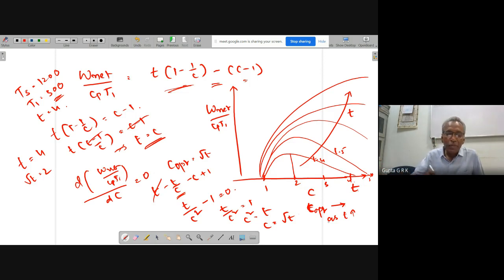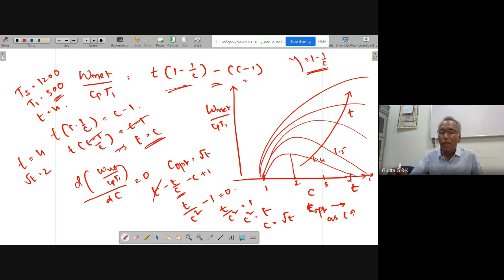This is the dependency of work done on C and T. So there is an increase and decrease in work, but efficiency continuously increases, whatever be the value of T, because eta is equal to 1 minus 1 by C. It is independent of T. But W depends on both T and C.